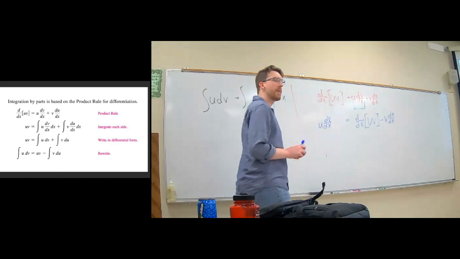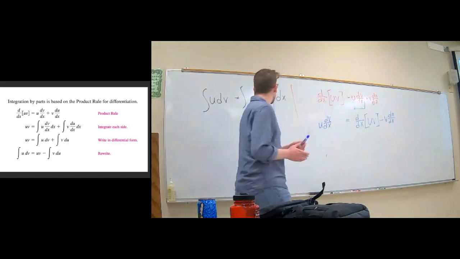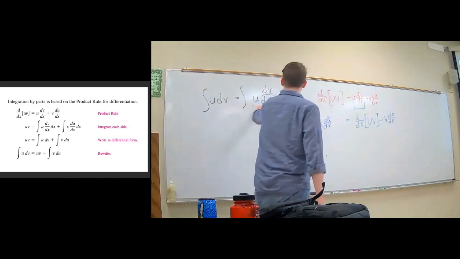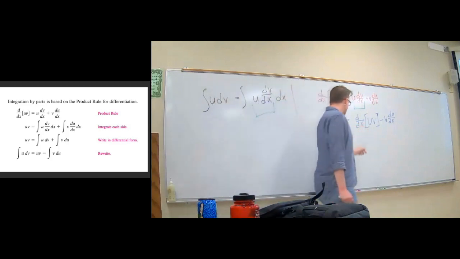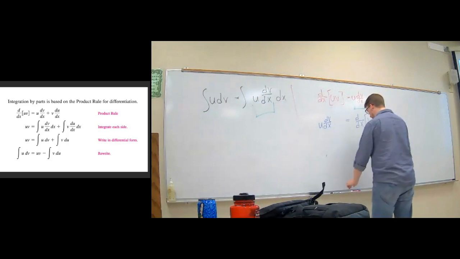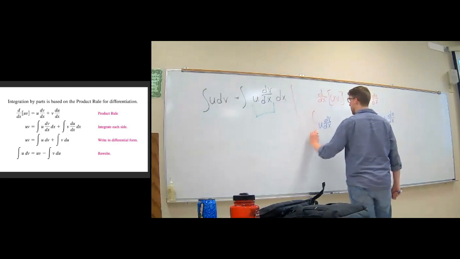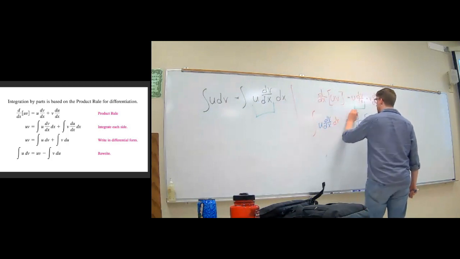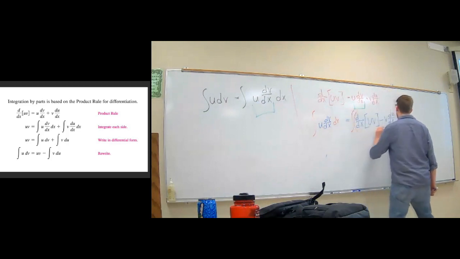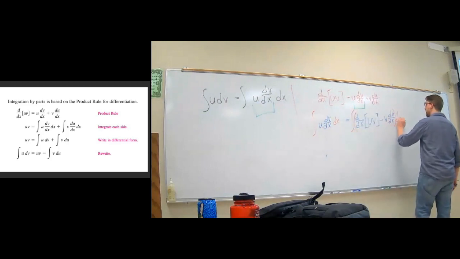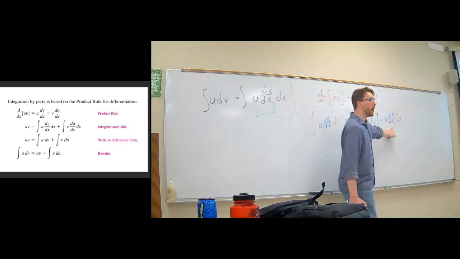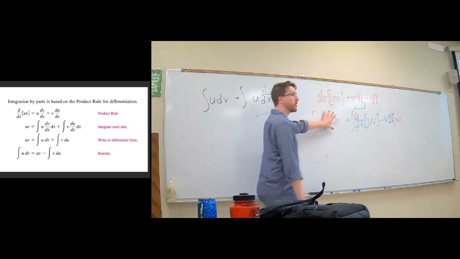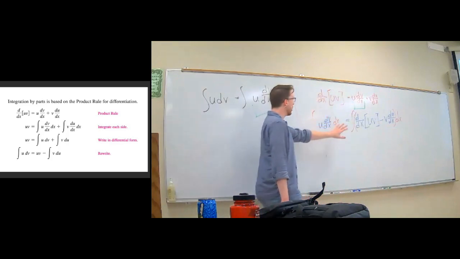Well, now we've got to integrate both sides, because what we're trying to do is integrate this term, right? So we're going to integrate both sides now. Integrate with respect to x, integrate that whole thing with respect to x. Well, this we can break up, right? Since this is what we're solving for, let's just leave this as it is for right now.